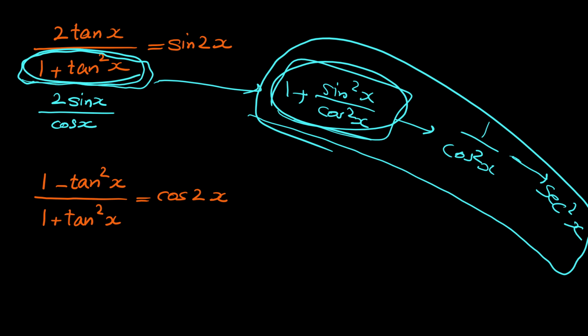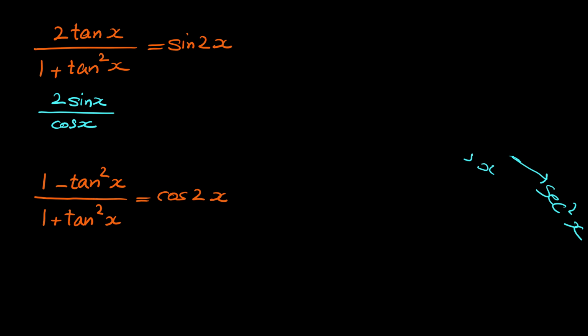If you remember the Pythagorean identities, one of them was 1 plus tangent to the 2 is secant to the 2. So immediately we write, instead of 1 plus tangent to the 2, secant to the 2. So all of the denominator is secant to the 2.